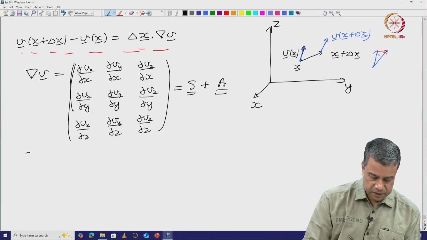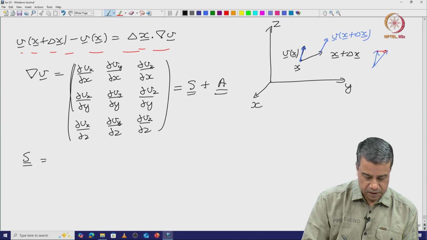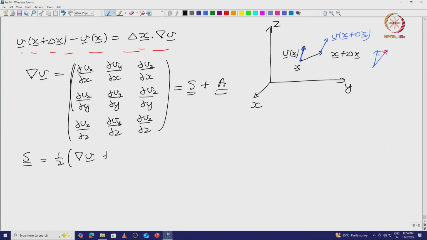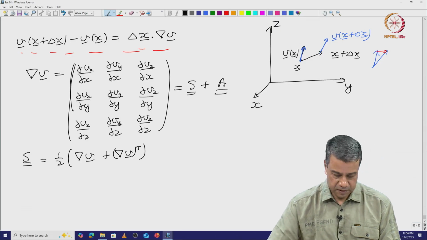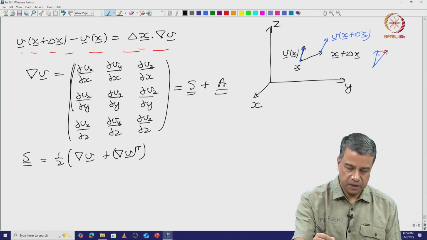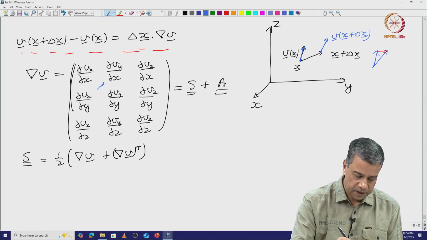The symmetric tensor is obtained by taking half of the matrix plus its transpose. The superscript T is for the transpose of the matrix. The transpose is basically when you interchange the off diagonal elements.